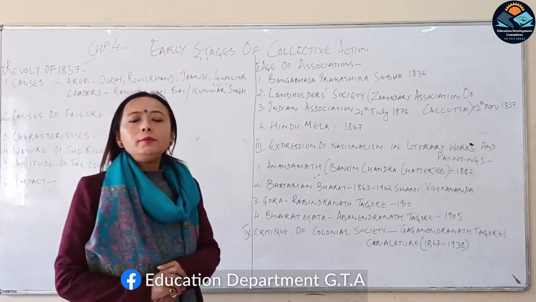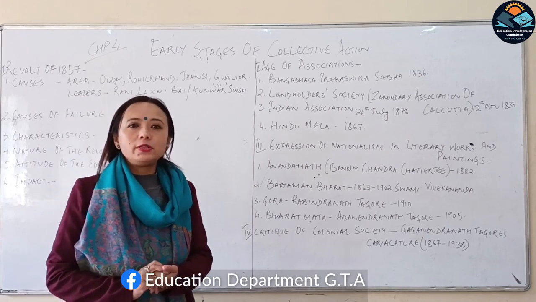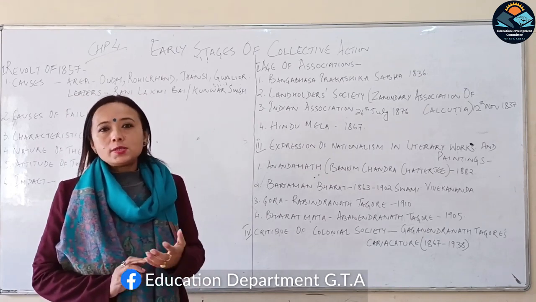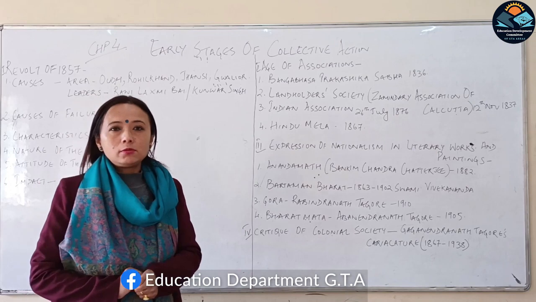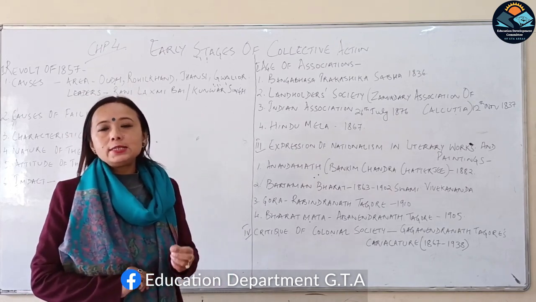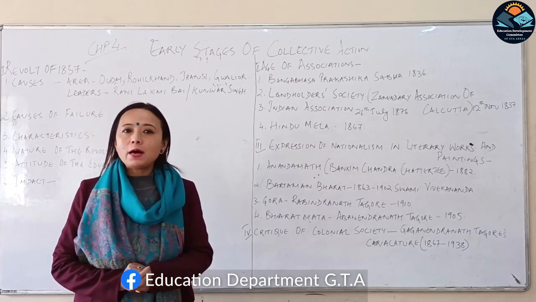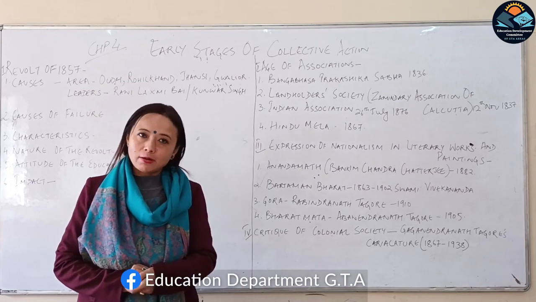Now the immediate impact, the result of the revolt of 1857, was the end of the Company's rule, that is the East India Company's rule in India, and the transfer of power to the British Crown.